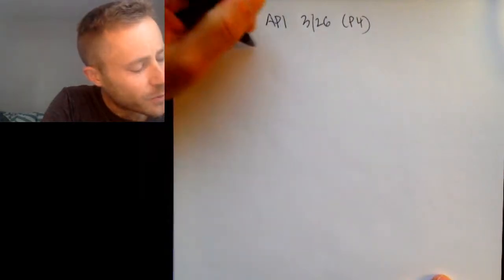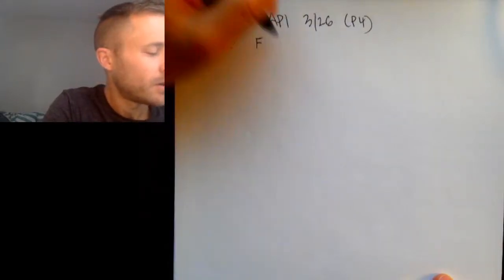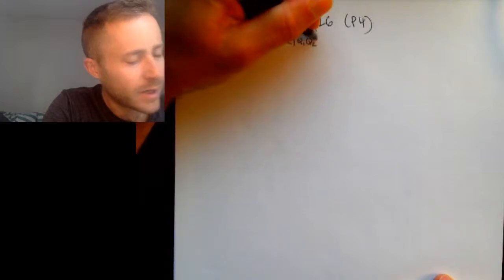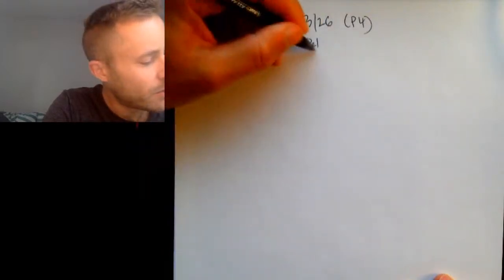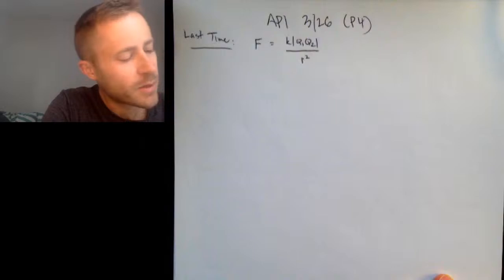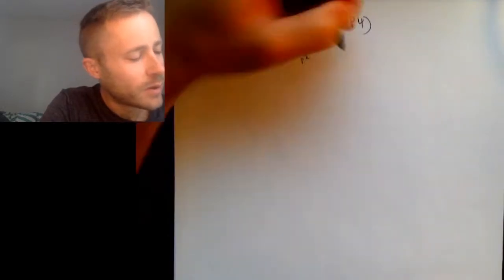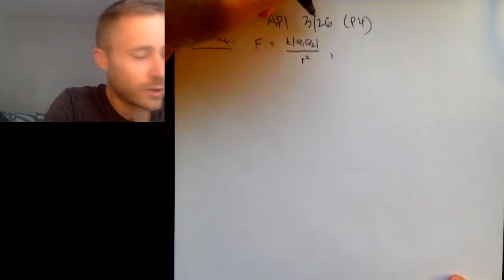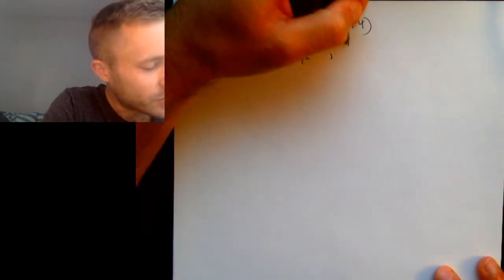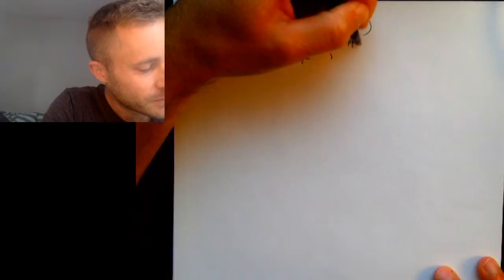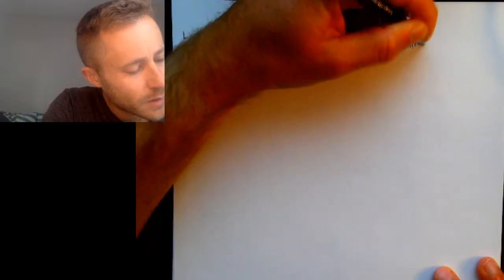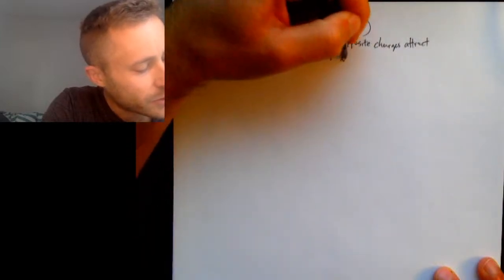The electrical force is K, Q1, Q2, absolute value over R squared, where the rule for the direction of the force is that opposite charges attract, like charges repel.